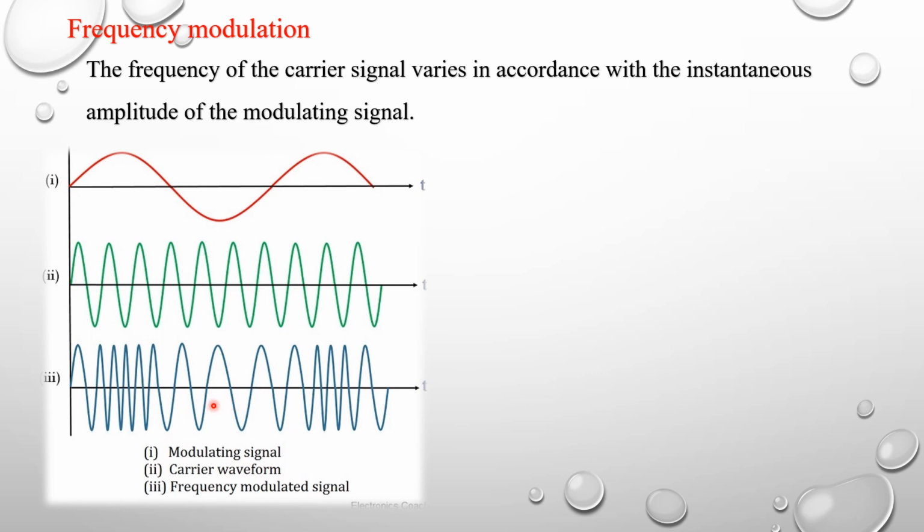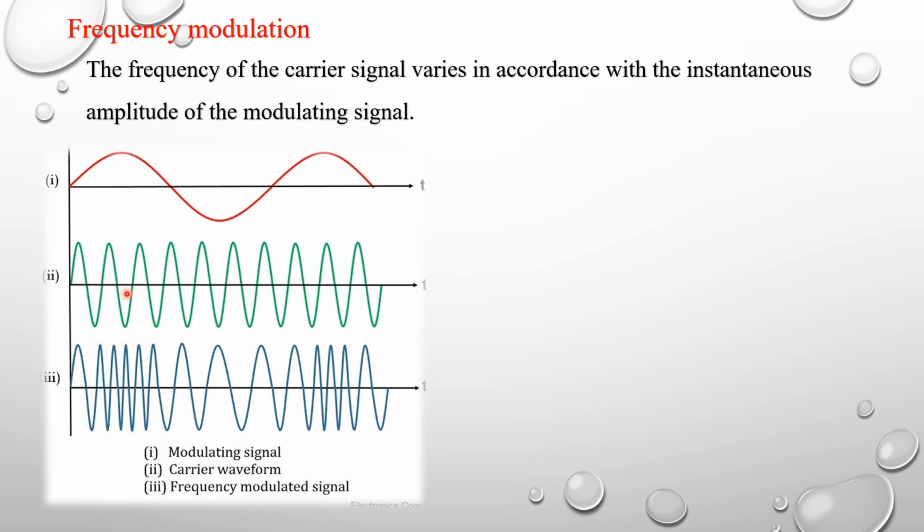We know that in frequency modulation, the frequency of the carrier signal varies with respect to the message signal. This is the zero reference point, this is the maximum amplitude, this is the phase angle, this is the negative peak amplitude, and again this is the positive peak amplitude. For example, take this as 0, this as pi, this as 2 pi, and this as 3 pi.